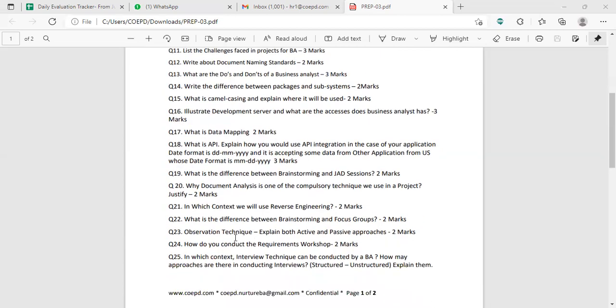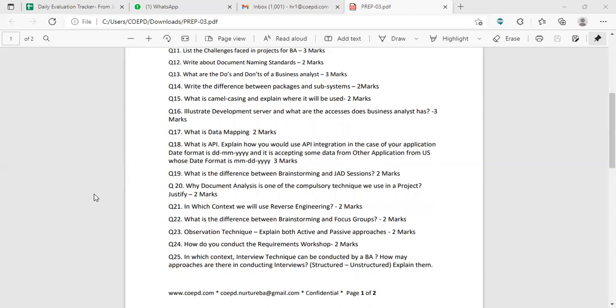The 20th one speaks about why document analysis is one of the compulsory techniques we use in a project. So what do you mean by document analysis? Document analysis is nothing but looking at previous documents or templates in order to understand the current scenario. Why is it compulsory, guys? No matter which project you're working on, one of the very important responsibilities of a business analyst is process reengineering.